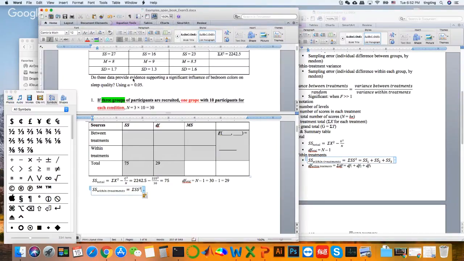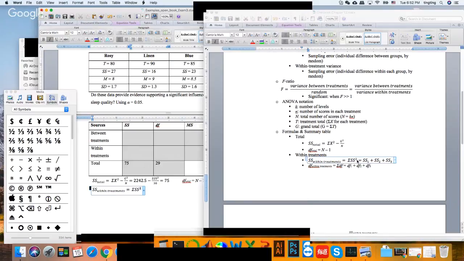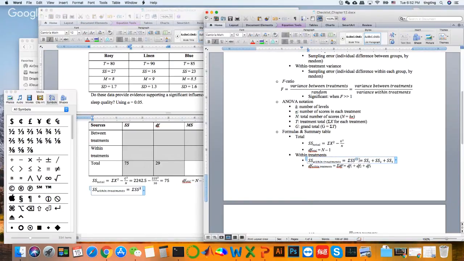So the SS within treatment equals the sigma of SS. So we have those numbers here. Why did I write SS squared? It's not SS squared, just SS, no square.